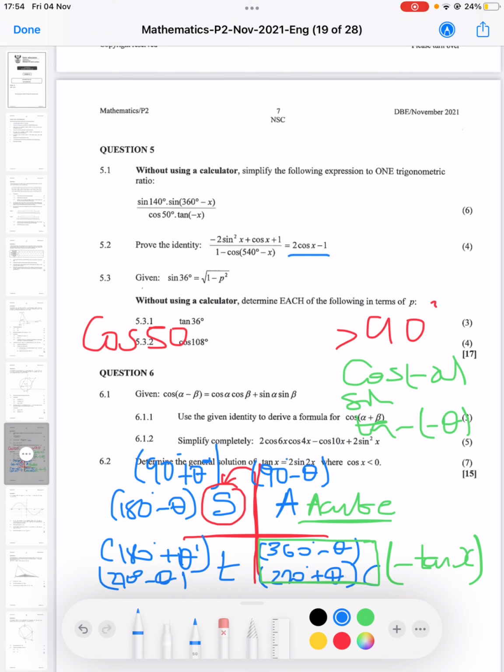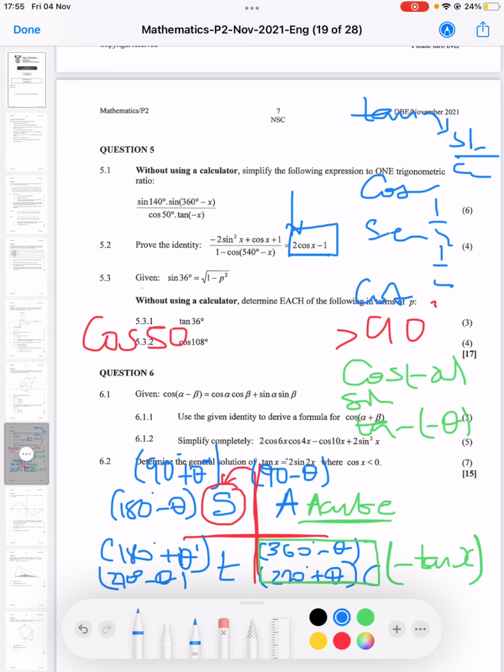You just have a trig ratio being cos, meaning there is nothing that you can do on the right, because you don't have something like tan that you can change to sine over cos. You don't have a cosec that you can change to 1 over sine. You don't have sec that you can change to 1 over cos. You don't have cot that you can change to cos over sine. Can you see what I mean?